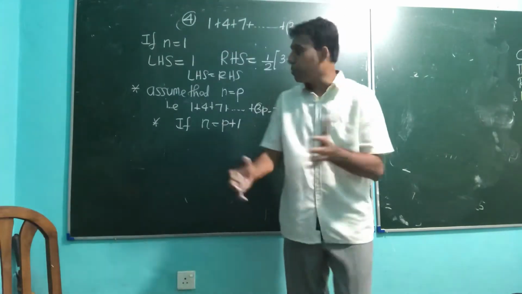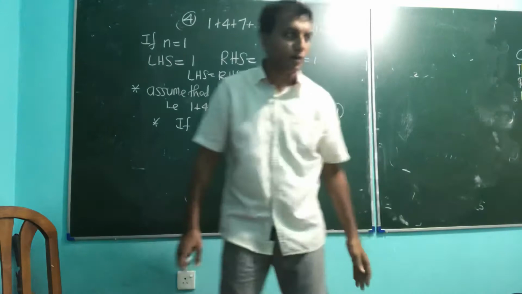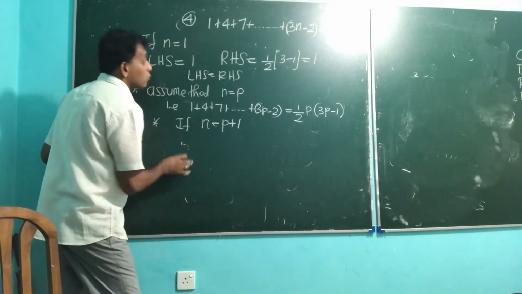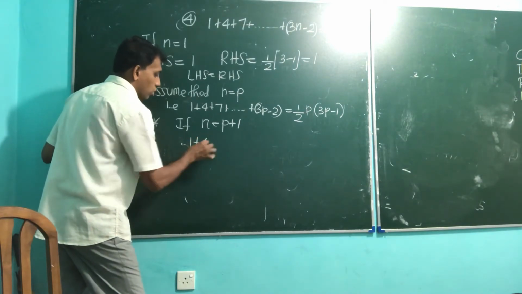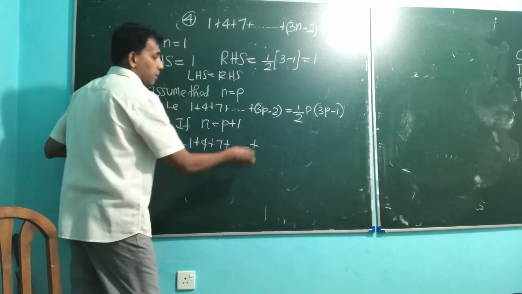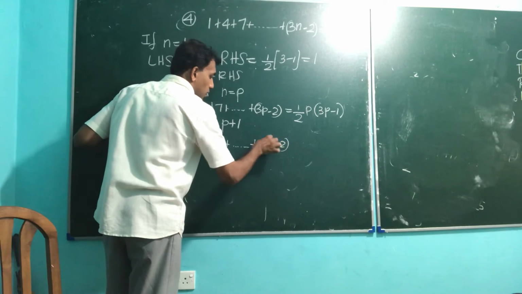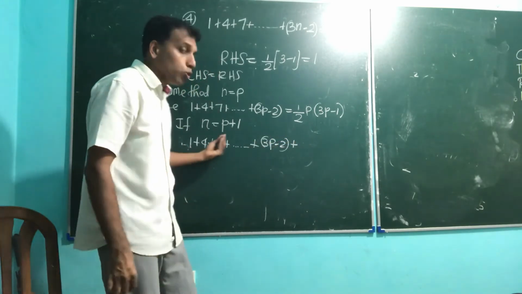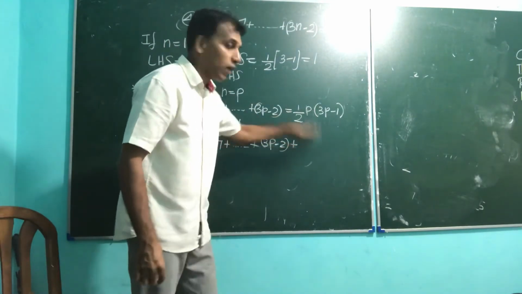Up to p numbers, and write the next number, p plus 1, right? So that is n equals p plus 1. 1 plus 4 plus 7 up to p terms, then the next, the p plus 1's term.